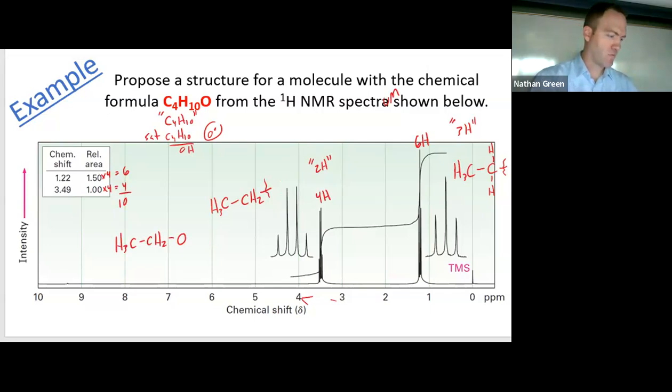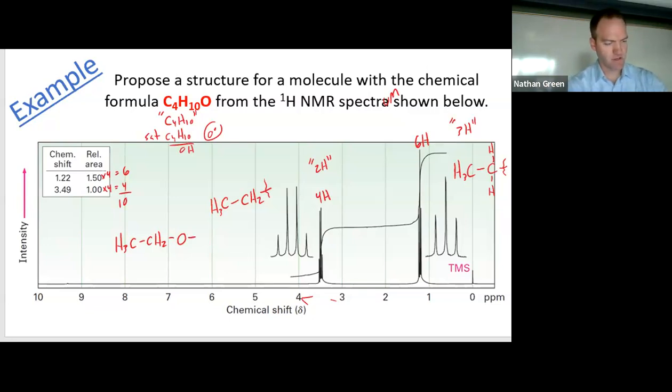Well, I've accounted for 2 of my 4 carbons, 5 of my hydrogens, and my oxygen. What goes over here? CH2, CH3. Remember when I started this, I said, well, I got 6 and 4, that doesn't work. So I'm going to solve this as maybe 2 CH3s and 2 CH2s.